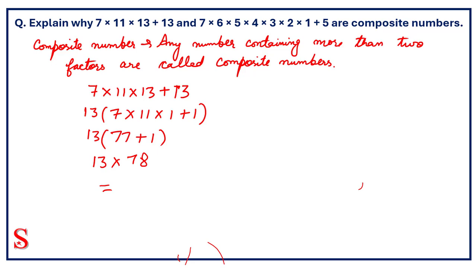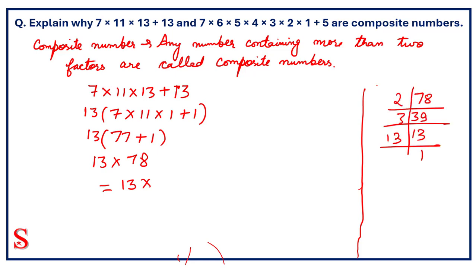So we'll first find the factors of 78 because 13 is already the common factor, right? Now in the rough work, we can find the factors of 78. So factors of 78 would be 2, 3 and 13. Since we get more than 2 factors, here the total factors are 13, 2, 3 and 13.